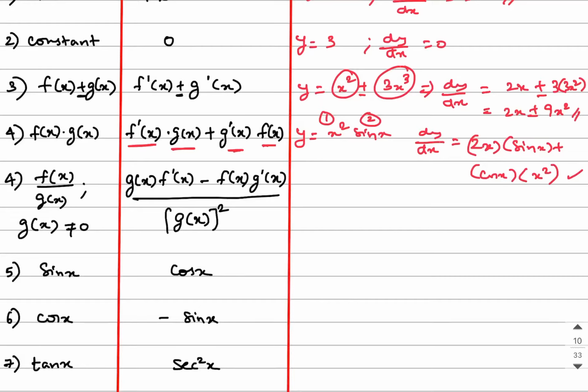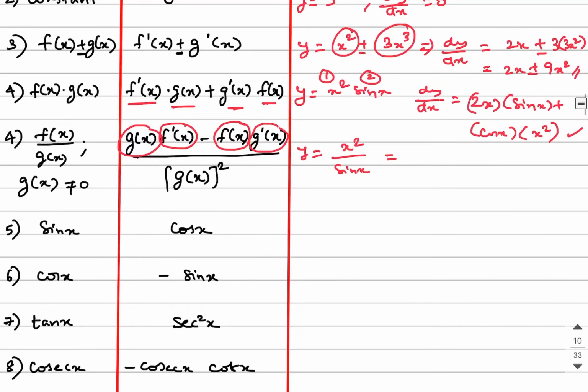Similarly, when you have f of x by g of x, that is, let's say x square divided by sin x, then it will be denominator into derivative of numerator minus numerator into derivative of denominator, divided by the denominator square. So how to write it?